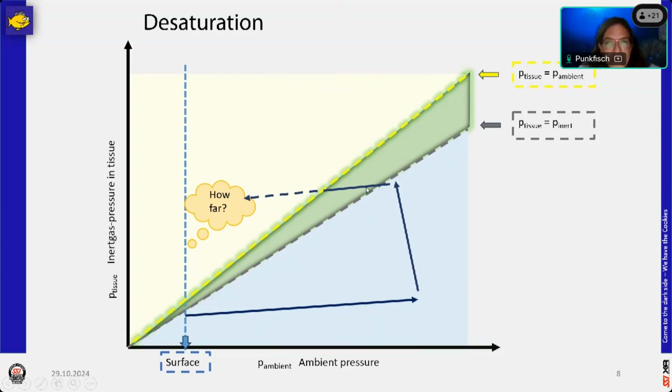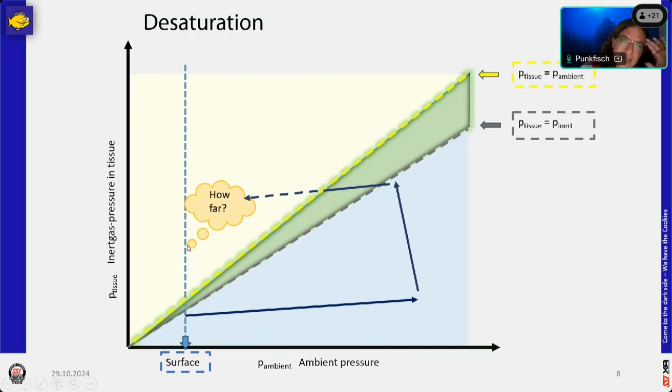So we do actually start to desaturate, but very, very slowly, because the gradient is still so small that there's not really an efficient desaturation happening here. There is desaturation happening, but not fast enough.